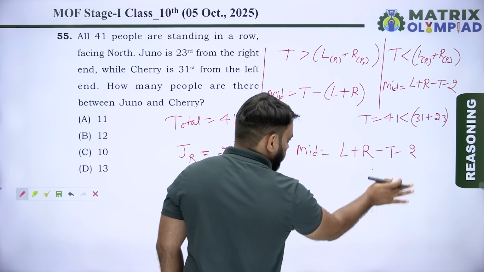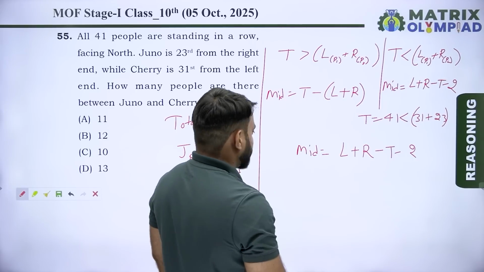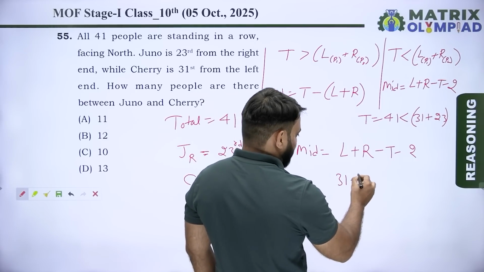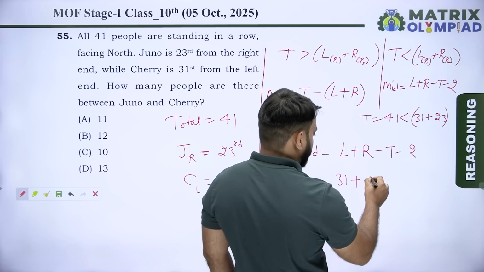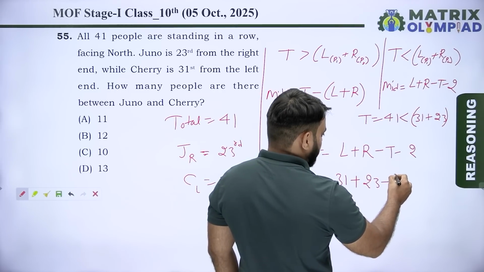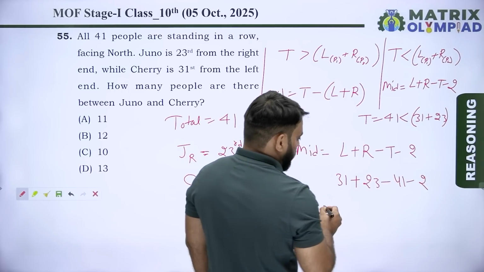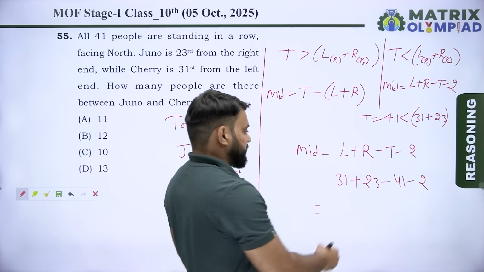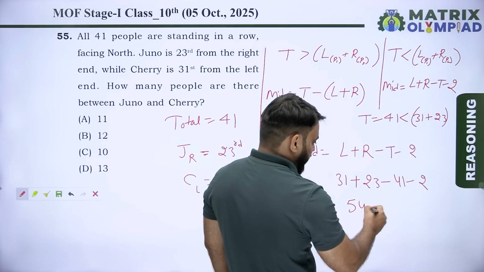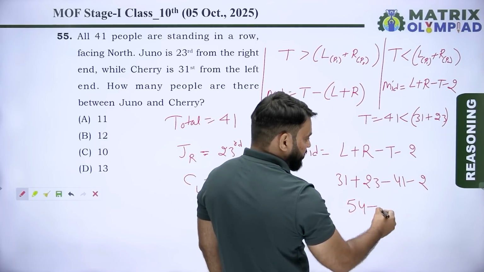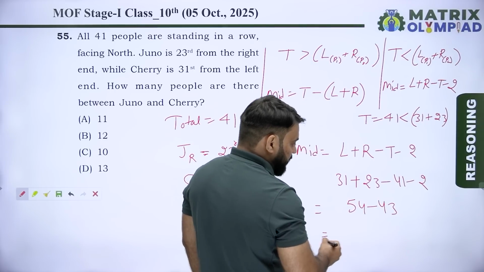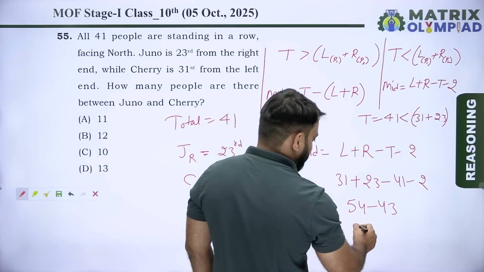So the left position of Cherry is 31 plus the right position of Juno is 23, minus total 41, minus 2. 31 plus 23 is 54, minus 41, minus 2, it means 11.